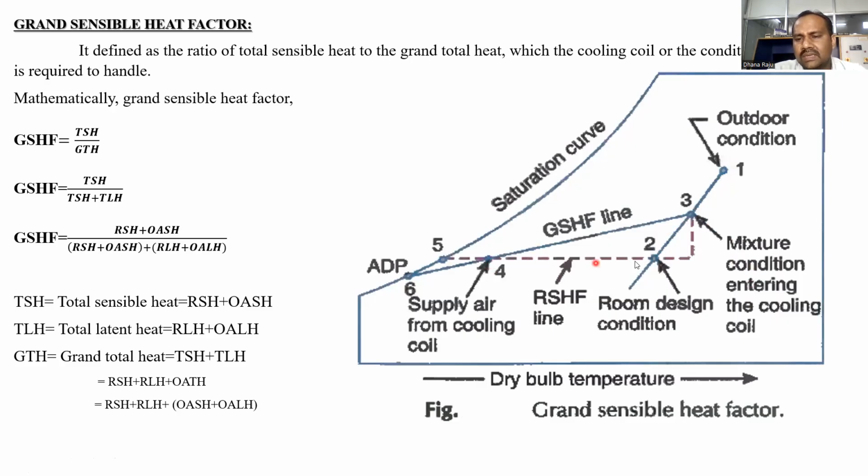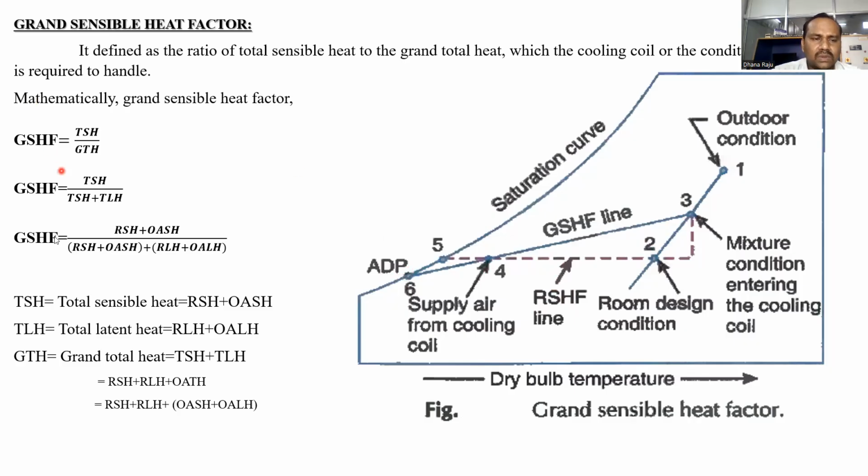If we know the design condition and the supply condition of air, then line 2-4-5 is called the room sensible heat factor line. When you identify the mixing condition entering the cooling coil and you know the supply conditions, you need to join 3-4, and if we extend it, we will get the ADP, the apparatus dew point.